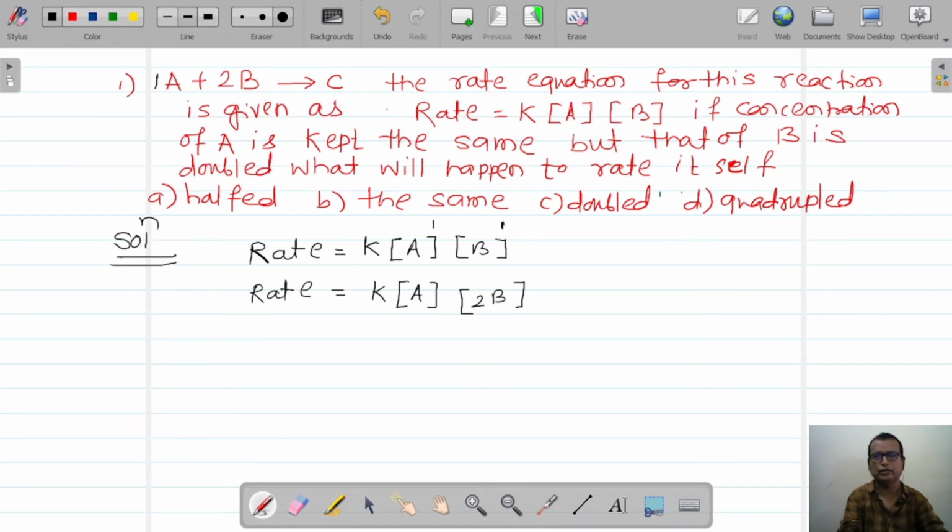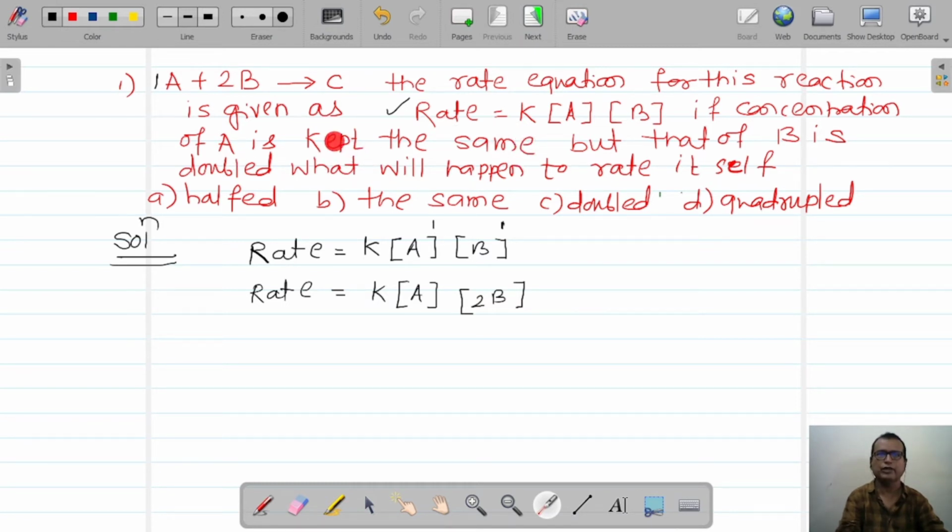Rate law is given to you. You must write such type of rate law here. Rate is equal to K into concentration of A into concentration of B. You do not write any power 2 here because it is not in our hand. It is related with the experiment which is to be taken.